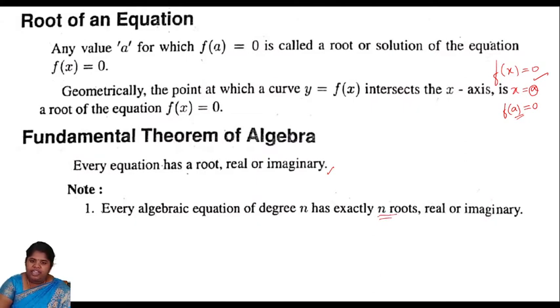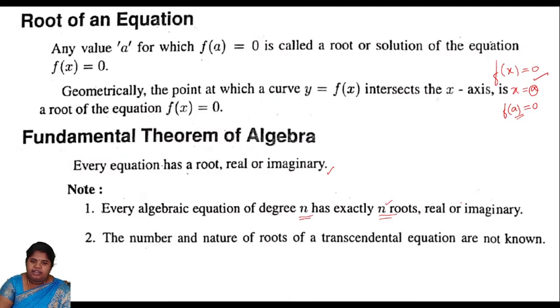If we are having an equation of degree n, then the roots of the equation are n in number which may be real or imaginary. The number and nature of the roots of the transcendental equation are not known. Since this is a transcendental equation, it has cos term or logarithmic term or hyperbolic function. It is not known directly.